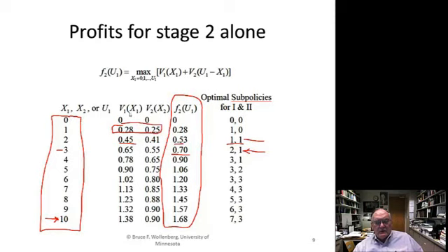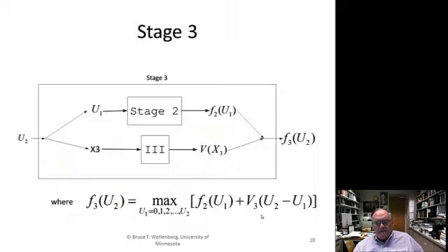I don't have to know anything more about V1 and V2 and X1 and X2. I have developed the optimal, and these are the allocations of those X1 and X2. Okay, now I simply say, here is U1 and stage 2 to get F2 of U1.